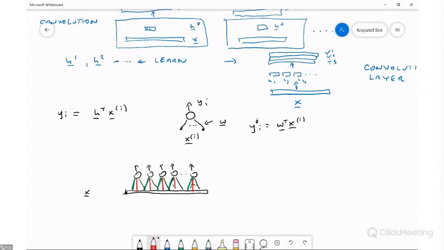So basically, the weights are these filters. So these are equivalent to a filter. So when I will be trying to learn a filter, basically I will be trying to learn weights of neurons.